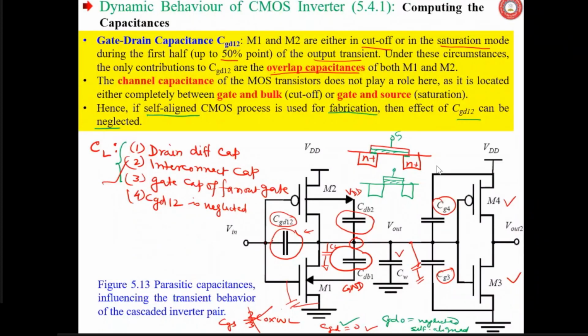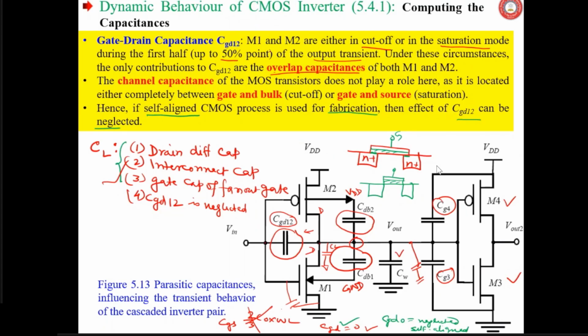We know that we have drawn the MOSFET earlier and the capacitances around it, CGD, CGS, etc. So gate-to-drain capacitance of both the MOSFETs. It is the drain of this one as well as the drain of this one also. So M1 and M2 are either in cutoff or in saturation mode during the first half, up to the 50% point of the output transient.